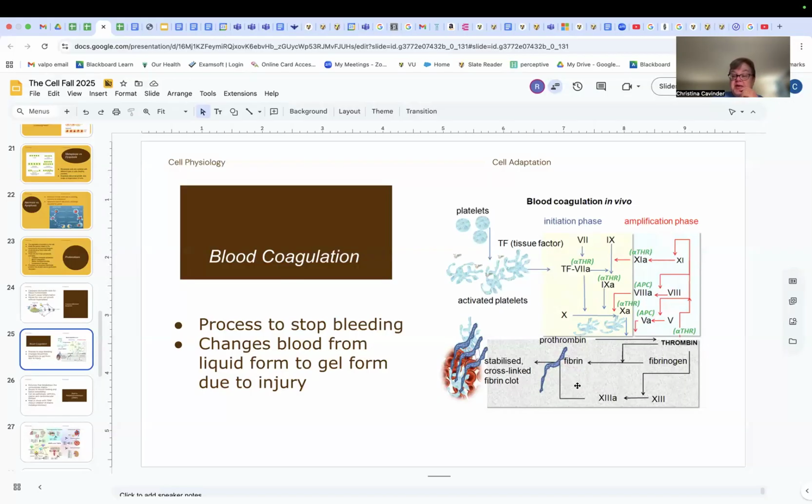So you don't need to memorize these steps, but you do need to understand that, see all these different factors that are involved in this and all the different steps to get to the clot. So if you're missing something or one of these isn't functioning correctly, then you're not going to clot. This is good to know also if we're talking about some medications that prevent you from clotting.